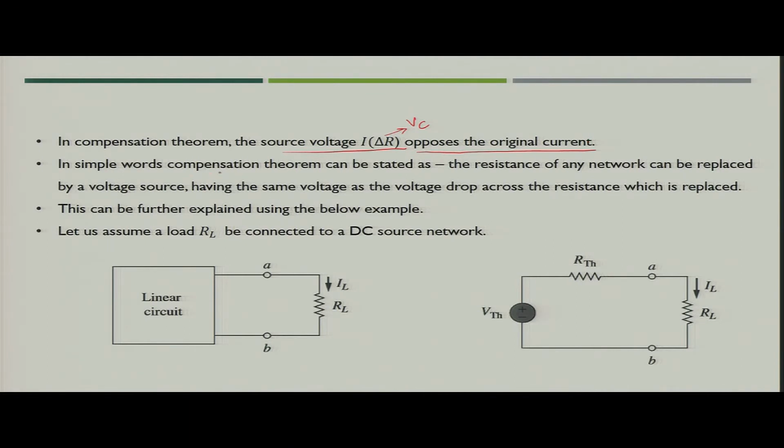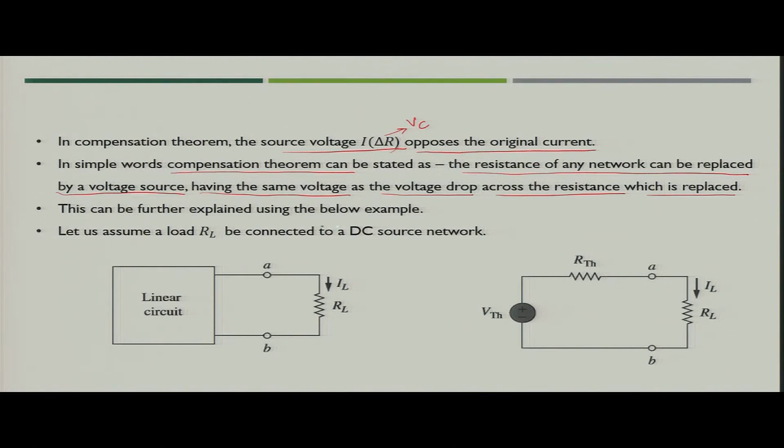Alternatively, we can say that the resistance of any network can be replaced by a voltage source having the same voltage as the voltage drop across the resistance which is replaced. If you see, the change in resistance is delta R, and the voltage drop across delta R is nothing but I into delta R. So, that is why it is replaced with the equivalent voltage source V c.